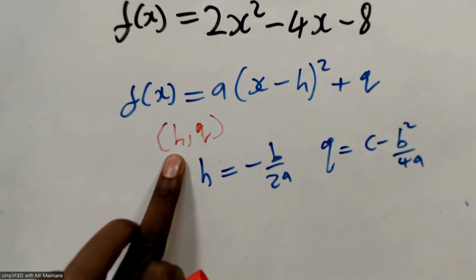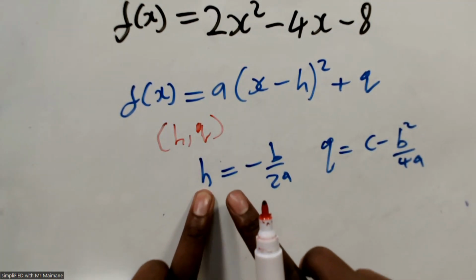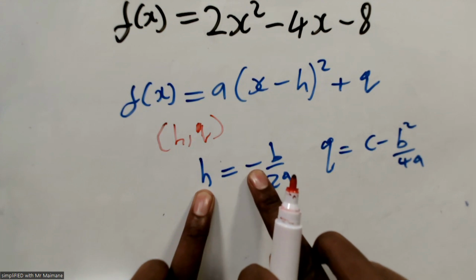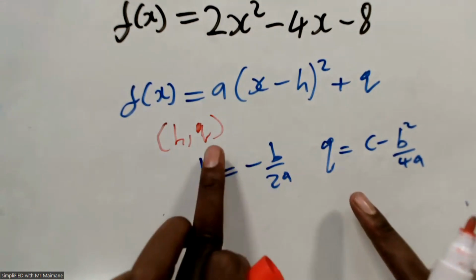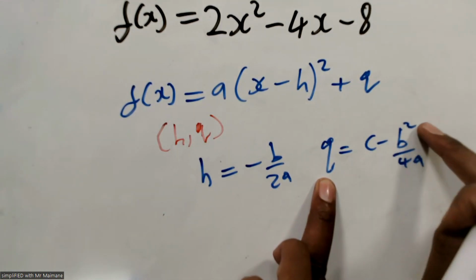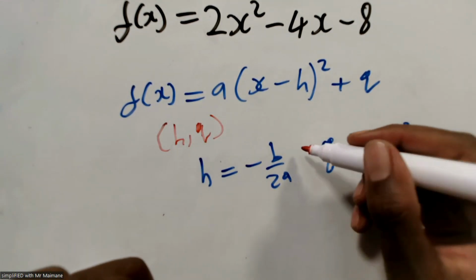So to get the vertex, the value of h, you can get it by just using this formula, minus b over 2a. And then the value of q, you can just say c minus b squared over 4a.